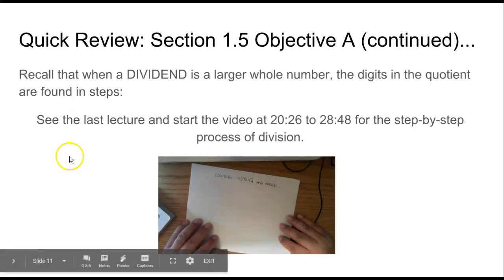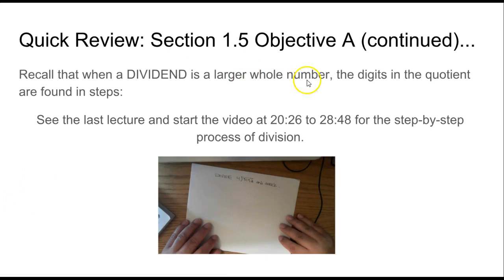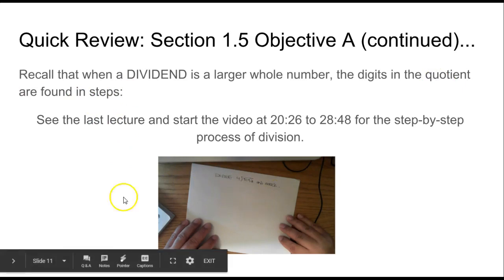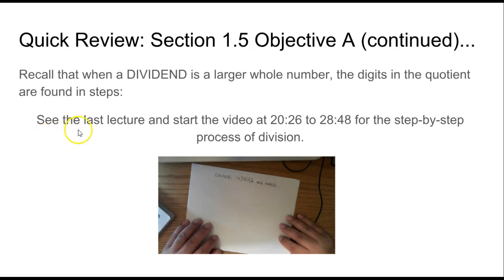Okay, let's continue. So recall that when a dividend is a larger whole number, the digits in the quotient are found in steps. In order to review that, which is beyond the scope of this quick review, go back to the last lecture and start the video at 20 minutes, 26 seconds, all the way to 28 minutes, 48 seconds for the step-by-step process of how to do a division.